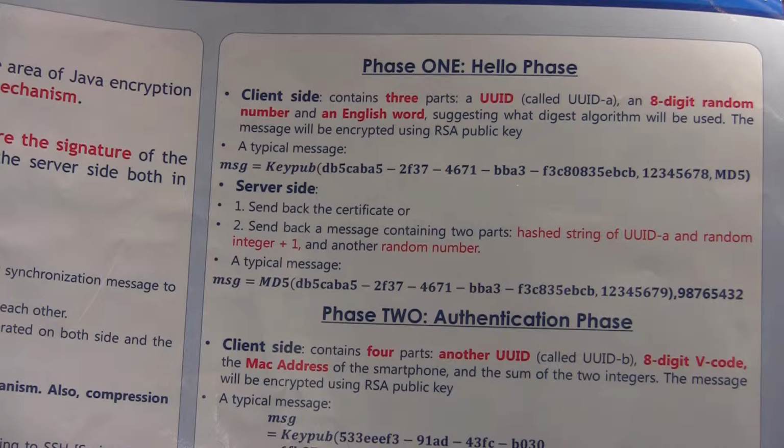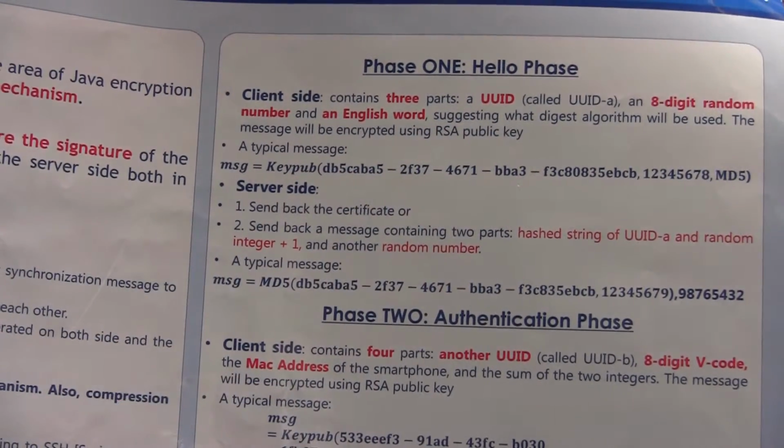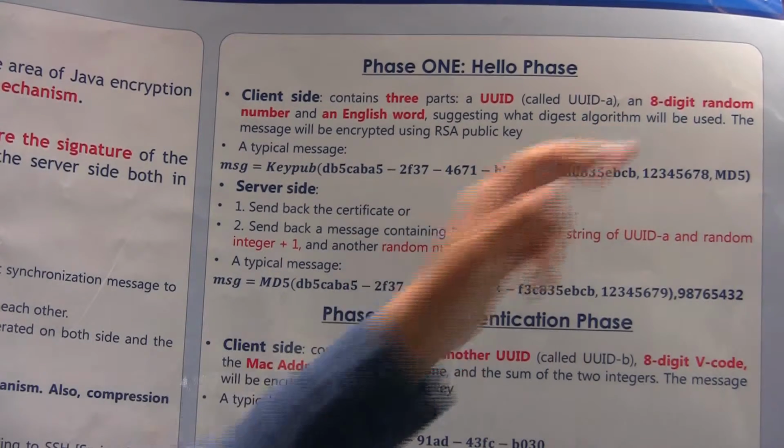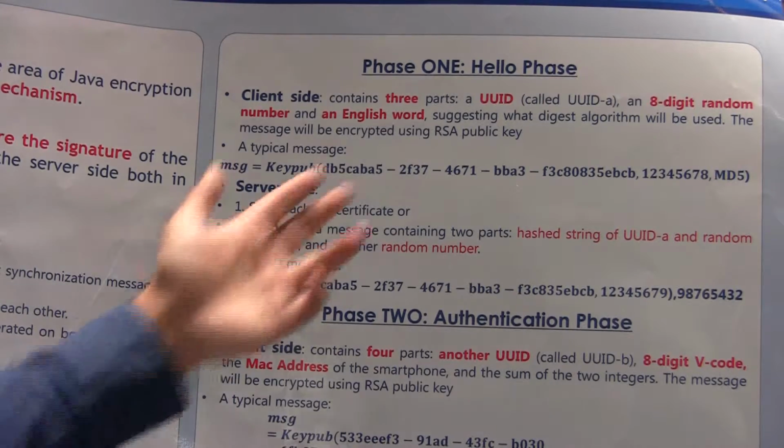This UID is computed using some digest algorithm, a random number, the IEEE MAC address, and the exact timestamp, so this UID is guaranteed to be unique. Then an 8-digit random number, which is just a random number generated by the program, and the English word.